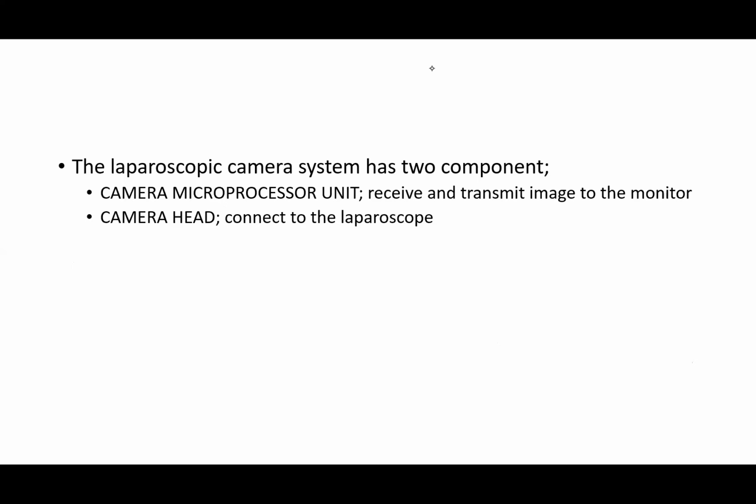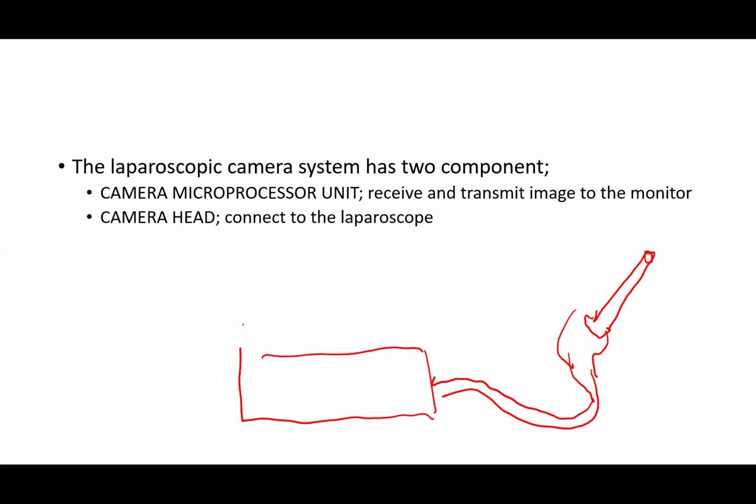As we mentioned, the laparoscopic camera system has two components. The camera microprocessor, that is the video processor unit that receives and transmits the image to the monitor. Then the camera head that is connected to the laparoscope. You have the laparoscope connected to a camera head, and this camera head is connected to the camera microprocessor.